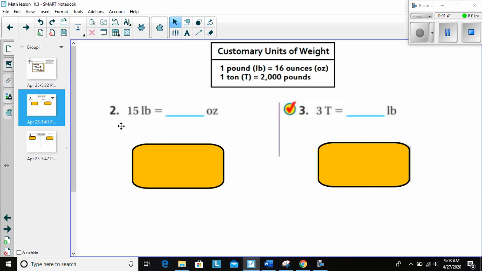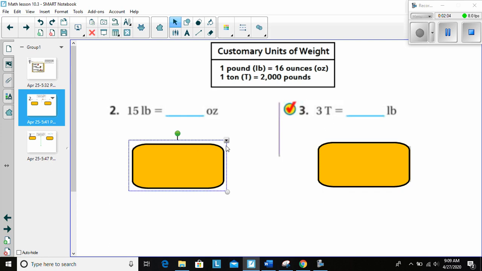I feel like that's the easiest way compared to the models being very time consuming, and the other one, multiply or divide depending on if you're going from bigger to smaller units or smaller to bigger units. That works too. That's actually not bad at all. But the equivalent fractions is good too.